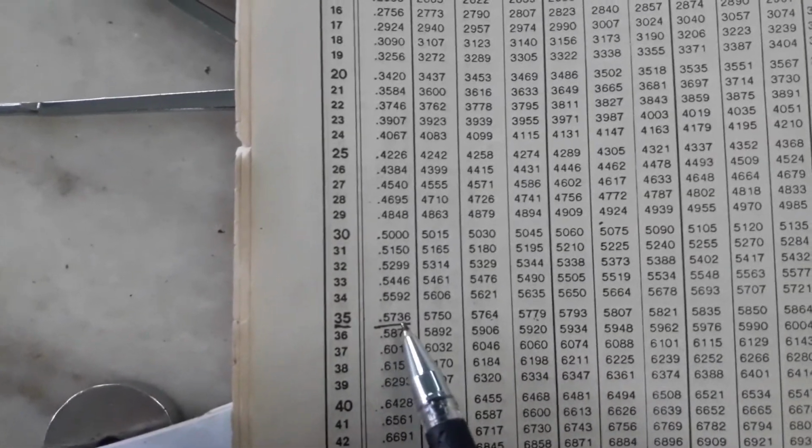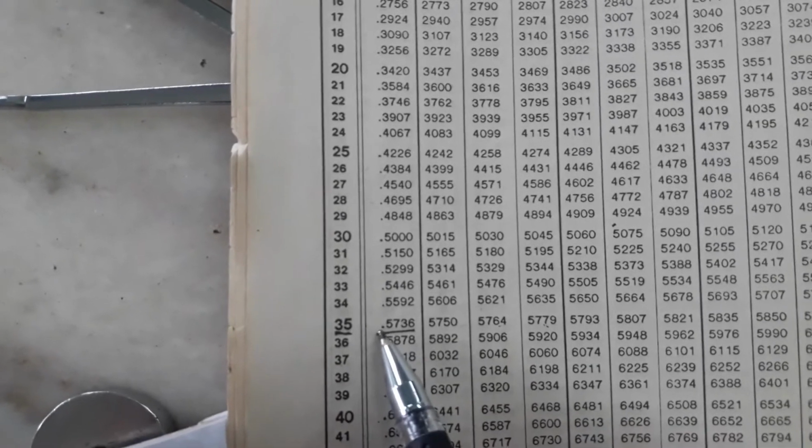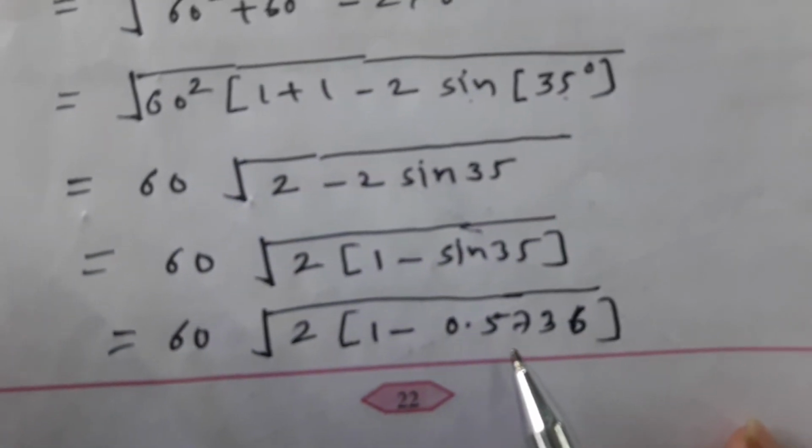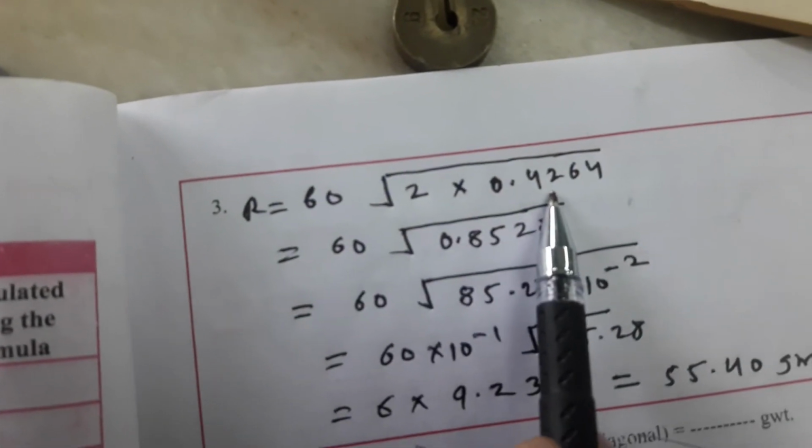There is nothing ahead, so we have to refer in 0. So 35 degree, how much is the sin 35? 5736, that is a decimal here, so 0.5736, which I already wrote here.